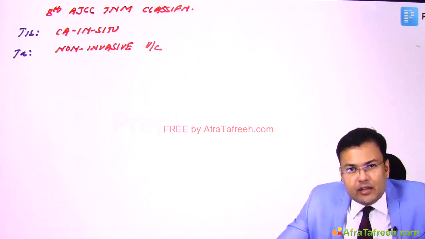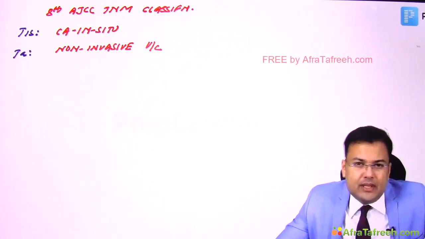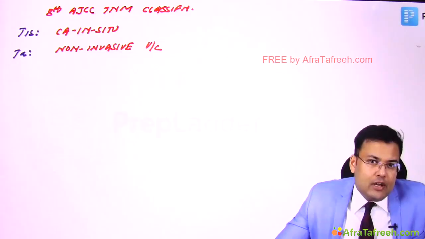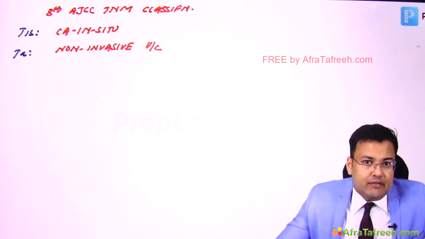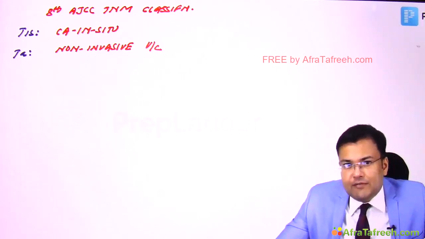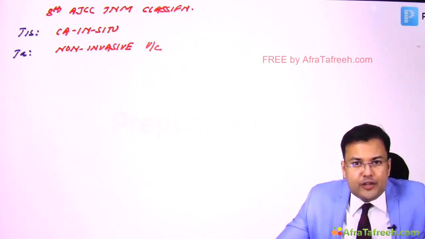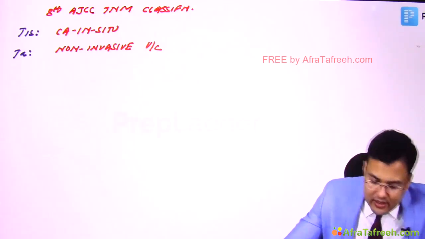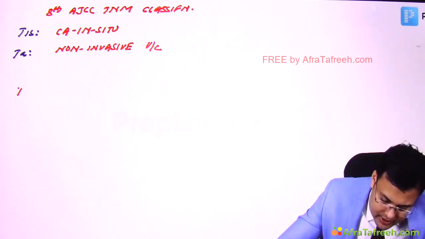After that, T1 is further divided into T1A, T1B. In T1A, the tumor invades subepithelial connective tissue without lymphovascular invasion. But in T1B, tumor invades subepithelial connective tissue with lymphovascular invasion, or tumor is poorly differentiated, right? So see, what's the T1A?